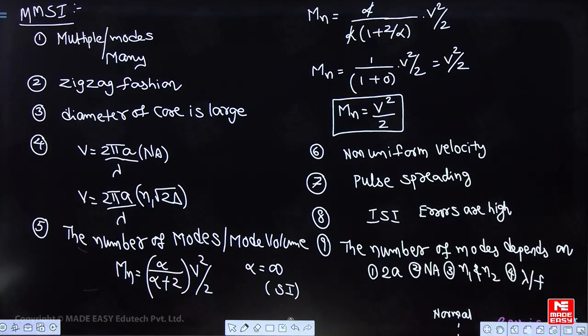Third point, core diameter. Fourth point, numerical aperture.